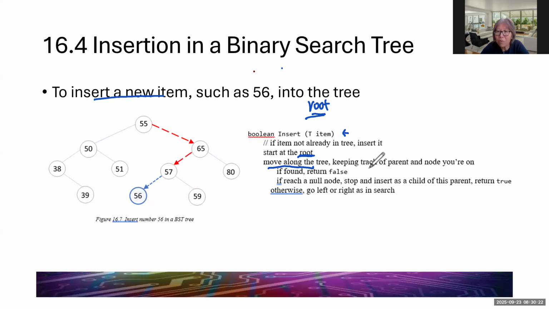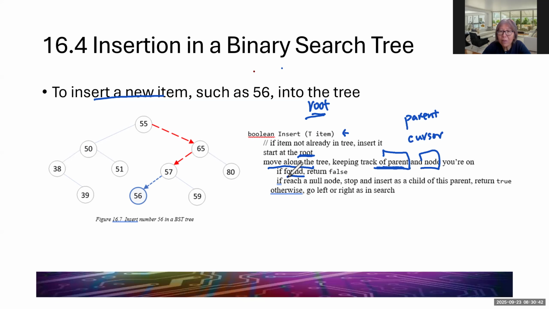Of course, because you're going to do an insert, we need to keep track of the parent node and the current node. So there is a parent node and the current node, maybe we can call it a cursor. And you move along the tree.